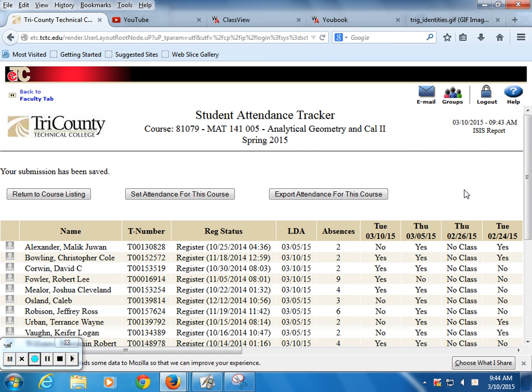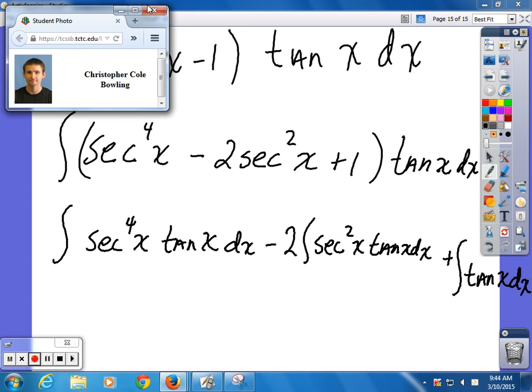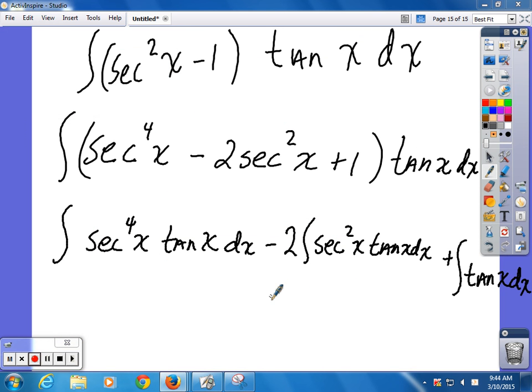All right, that secant to the fourth still isn't what we wanted. So we need to rewrite it to where we can get some kind of UDU. And that is secant cubed, secant tangent.